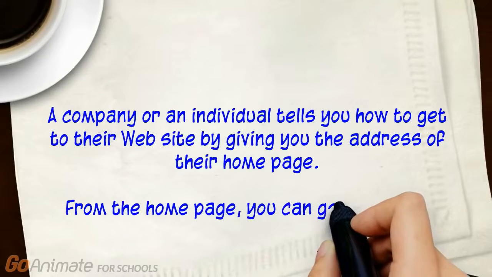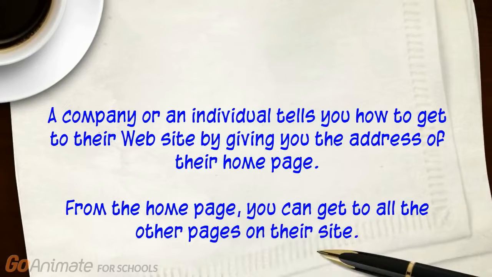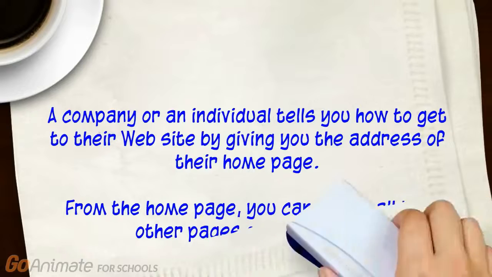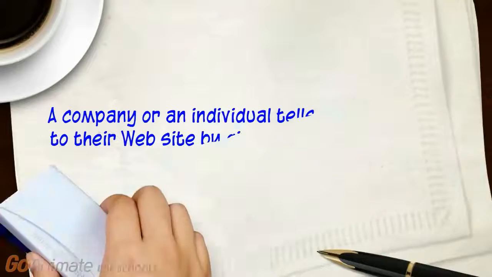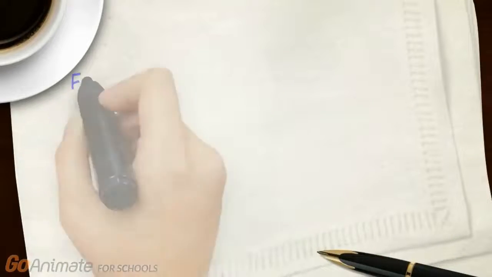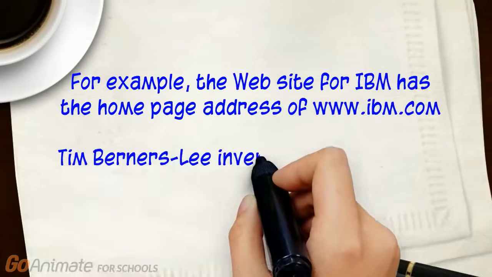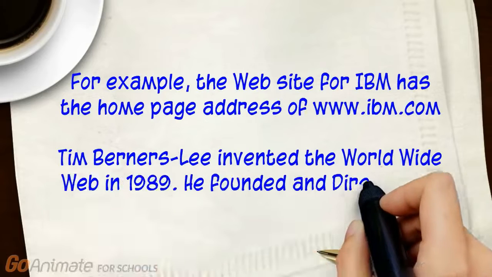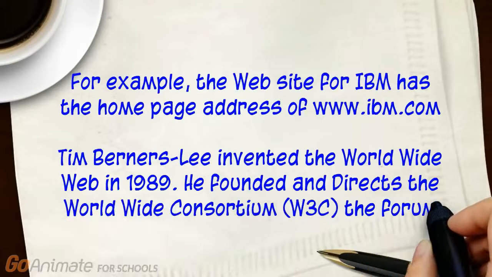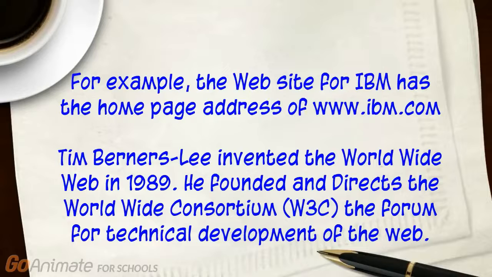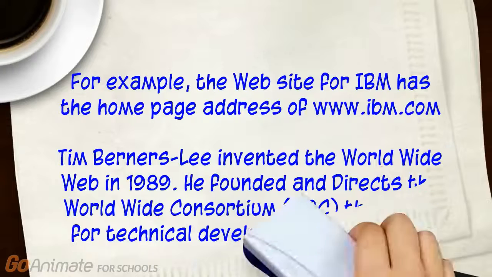From the home page, you can get to all the other pages on their site. For example, the website for IBM has the home page address of www.ibm.com. Tim Berners-Lee invented the World Wide Web in 1989. He founded and directs the Worldwide Consortium.